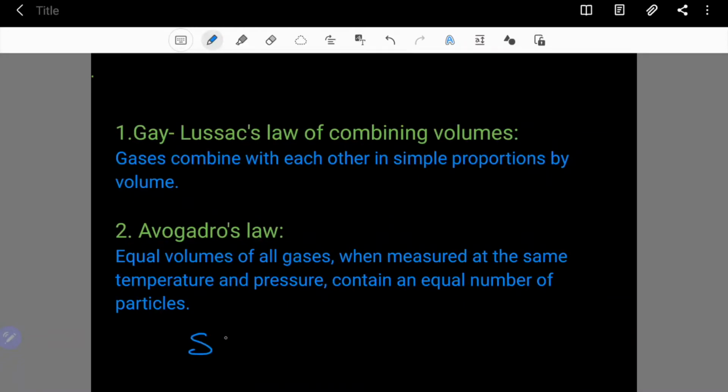An extension of Avogadro's law is that at standard temperature and pressure, temperature is 273 Kelvin, pressure is 100 kilopascals, 1 mole of a gas occupies 22.7 decimeter cube volume.